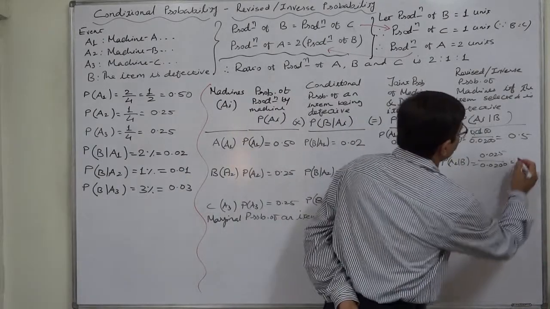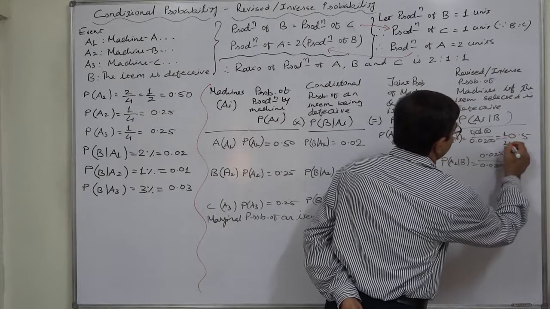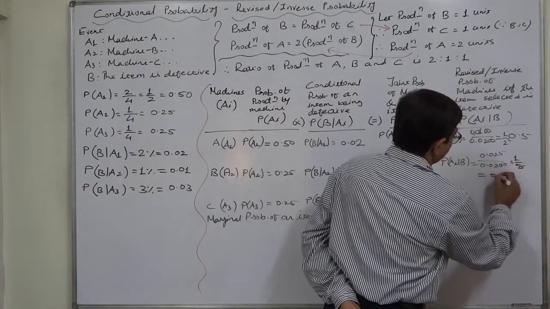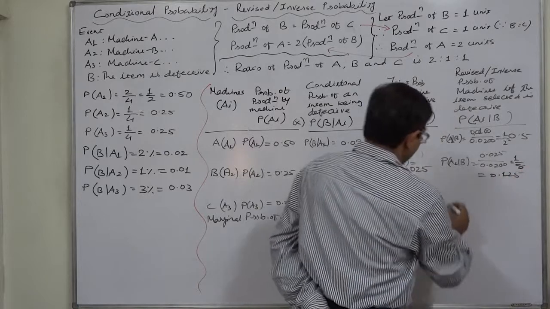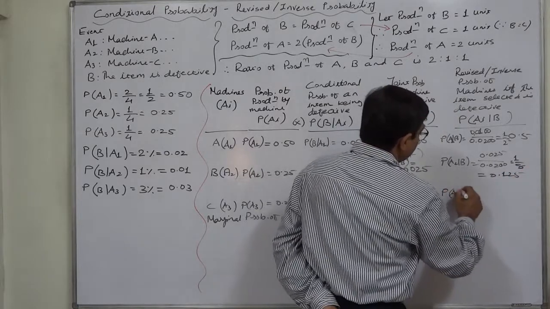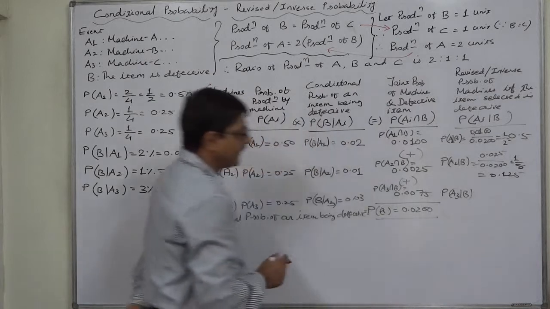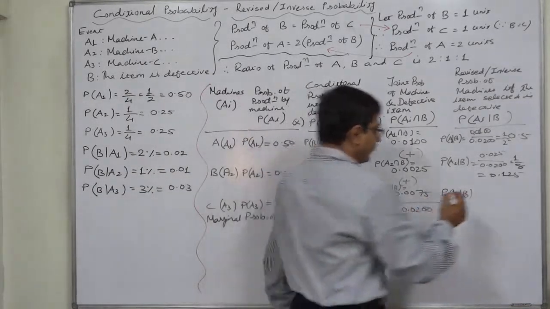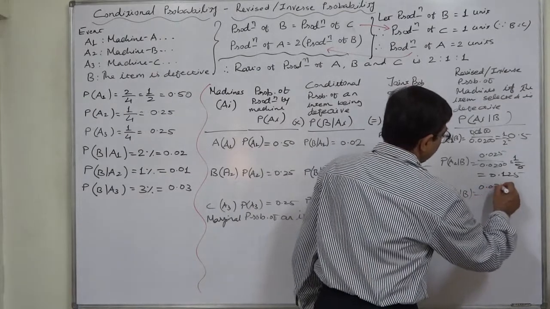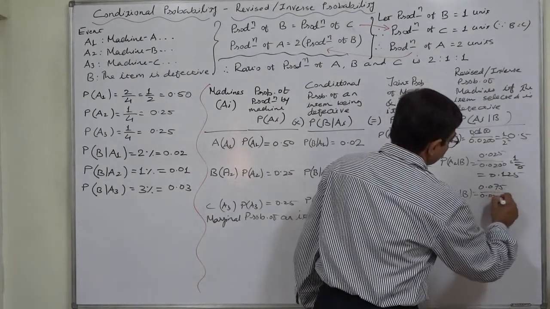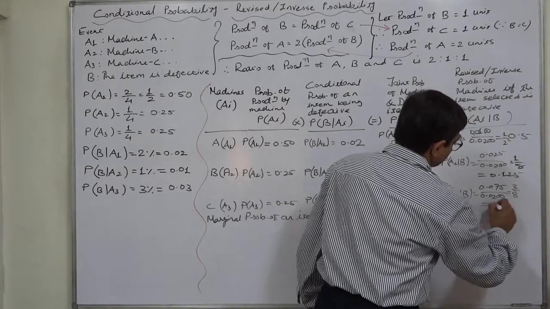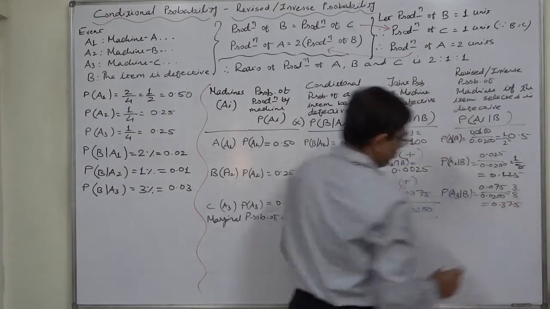I should write the fraction because I am habituated to write the fractions. 1 by 8, that is 0.125. And P of A3 given B, that is probability of an item manufactured by machine C, if it is defective, that is 0.075 divided by 0.0200. That is 3 by 8, that is 0.375.